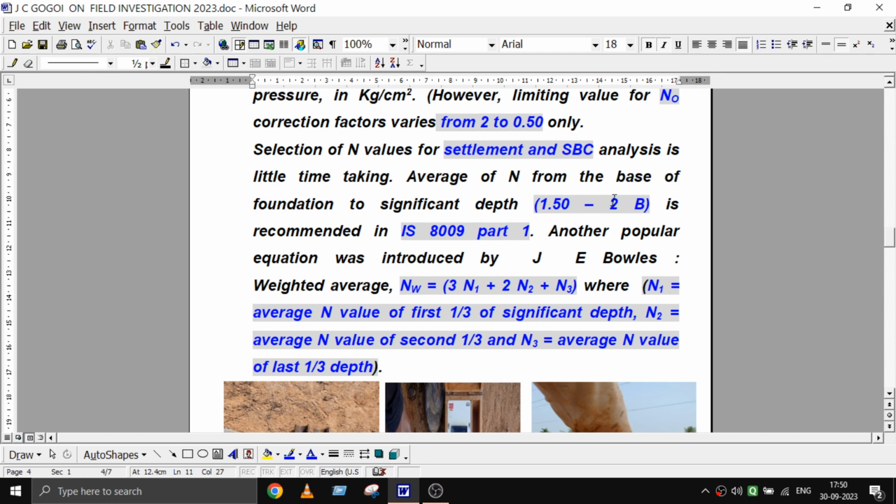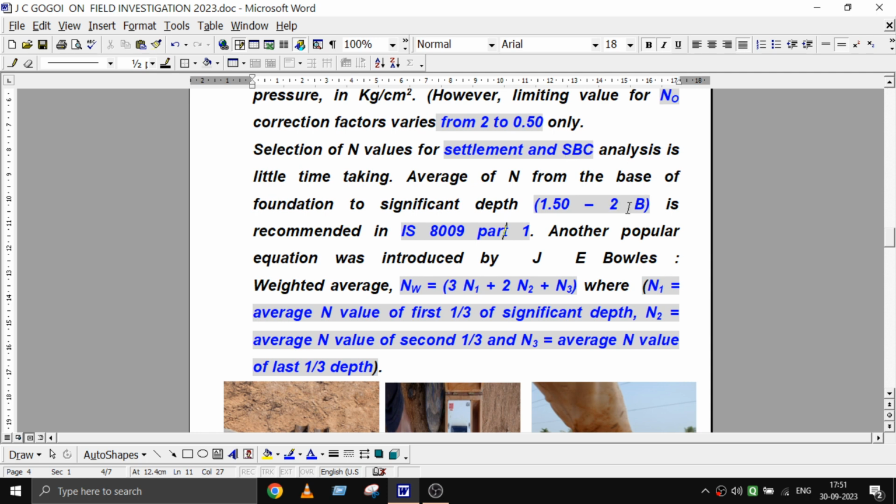25%. For a bigger foundation, say 4 meter by 4 meter foundation, then it will be half meter. So, for a much bigger foundation, it may be much higher.